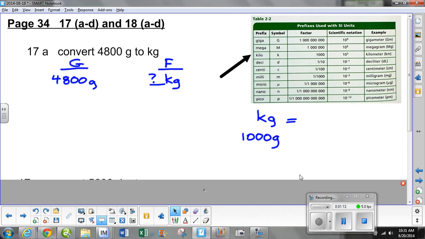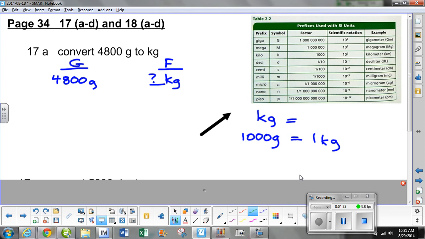Okay, so these two are now equal. So this is equal to 1 kilogram. So if I want to convert grams, I'm already set to go. Let's show you how you're supposed to work your problem.